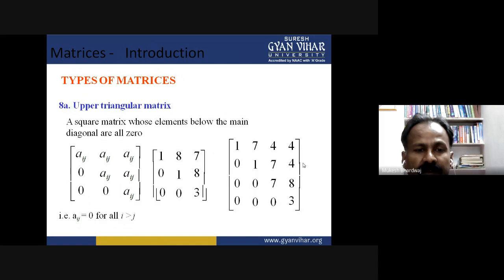For example, a matrix of 3 by 3 order, again a second example of 3 by 3 order, and a third example of 4 by 4 order. Below the principal diagonal all the elements are 0, so this is the upper triangular matrix.